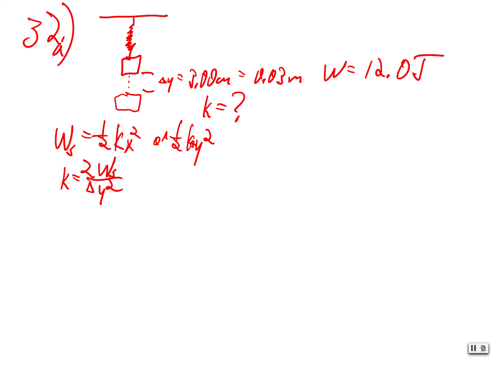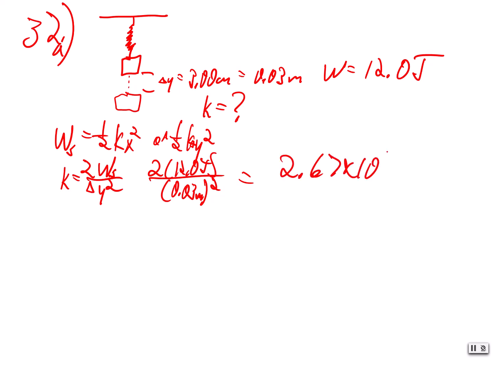So plug everything in: 2 times 12.0 joules divided by 0.03 meters squared, and you get 2.67 times 10 to the fourth newtons per meter. That's your spring constant, your K constant.